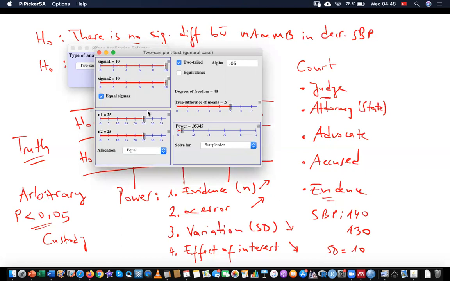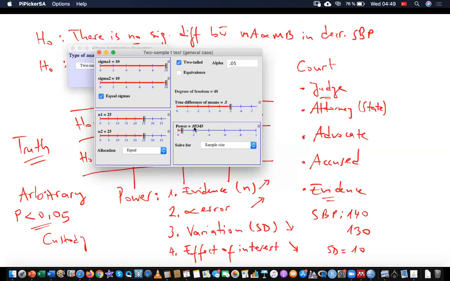I have also the true difference of means. How much difference in blood pressure between the two groups? How much difference is clinically important? If this is the effect of interest, you see, the true difference of means is equal to the effect of interest. If you are looking for 0.5, very small differences between the blood pressures, of course, I need a high sample size to reach a significant power.